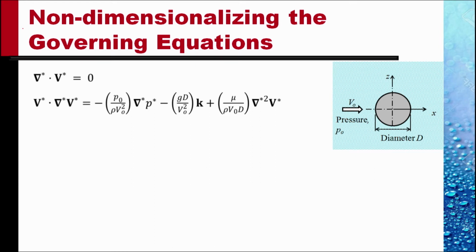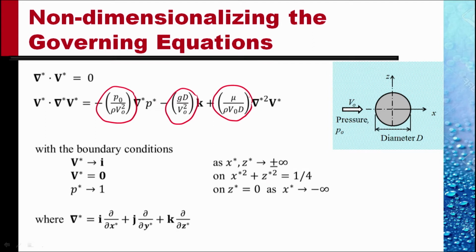The non-dimensional equations that we got after some manipulation are these. In these equations, the independent parameters are now collected together, and these are the only three locations the independent parameters occur. The boundary conditions become this.